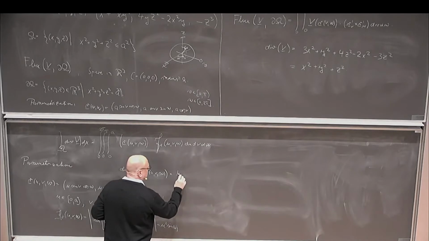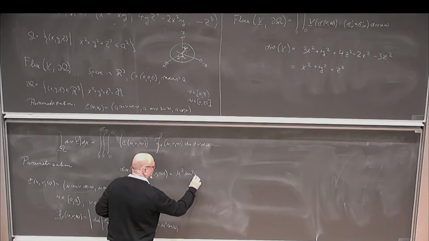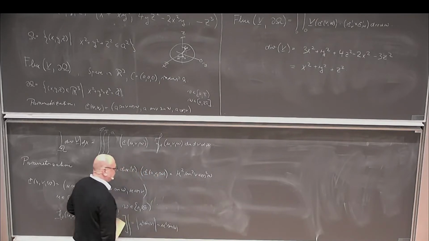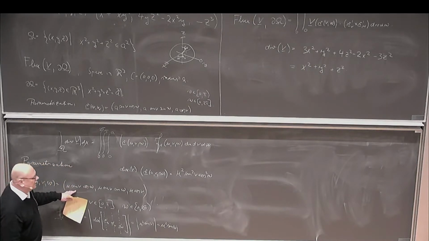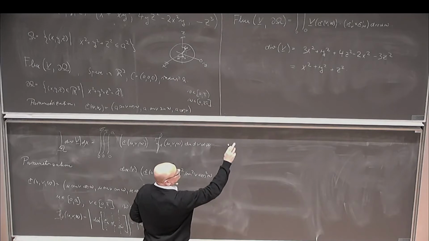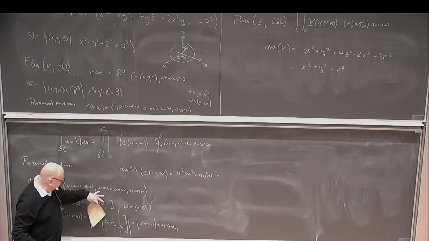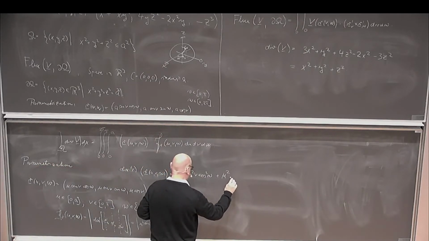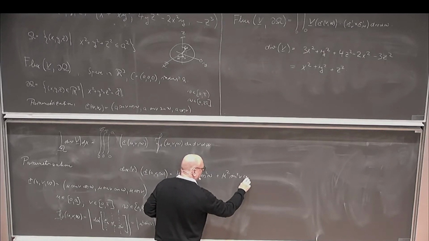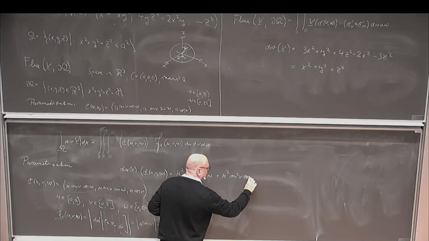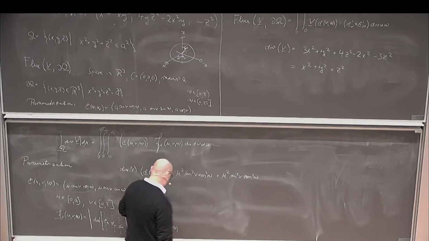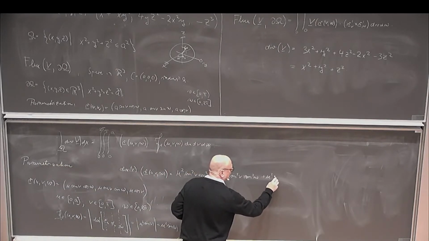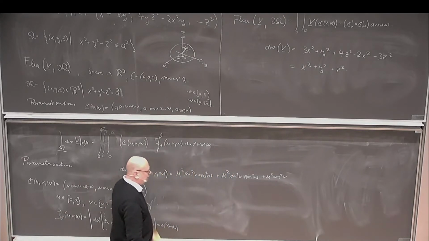I get u squared sine squared v times cosine squared w, and then plus the y squared, which is u squared sine squared v sine squared w, and then finally I get u squared cosine squared v.